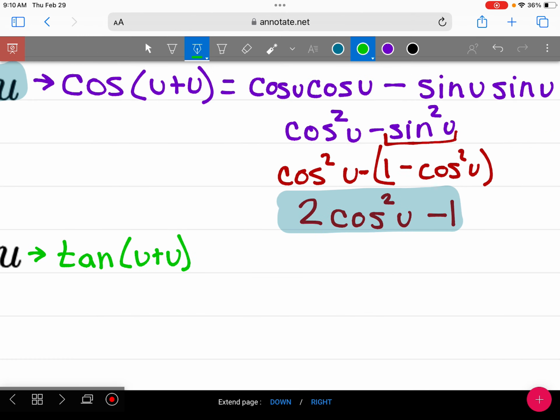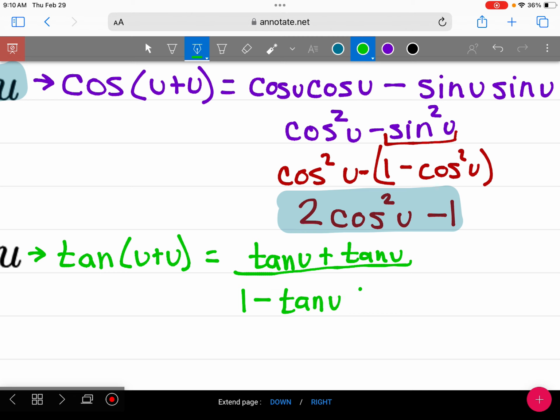So using our tangent addition, we have our fraction: tangent of u plus the tangent of u over 1 minus the product of tan u, tan u.